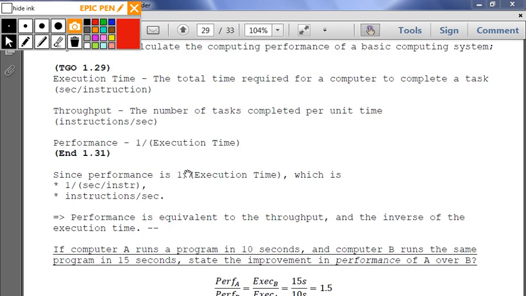Yes? That's supposed to be 1.29, right? Yes, 1.29. That's because I got rid of a couple of slides.